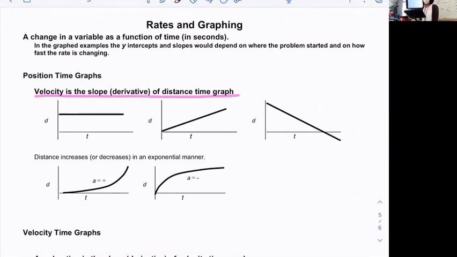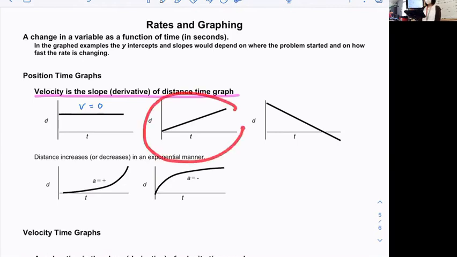There are essentially 5 different kinds of graphs you could be exposed to for position time. Looking at this first position time graph, what could you say about your velocity? Look at your slope. It's 0. So what's your velocity? Just got to be 0. When it's a horizontal line, your velocity is 0.